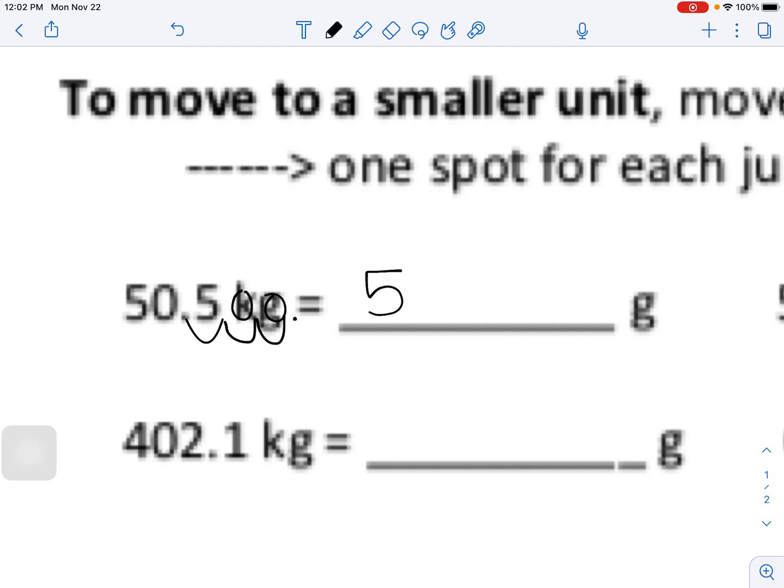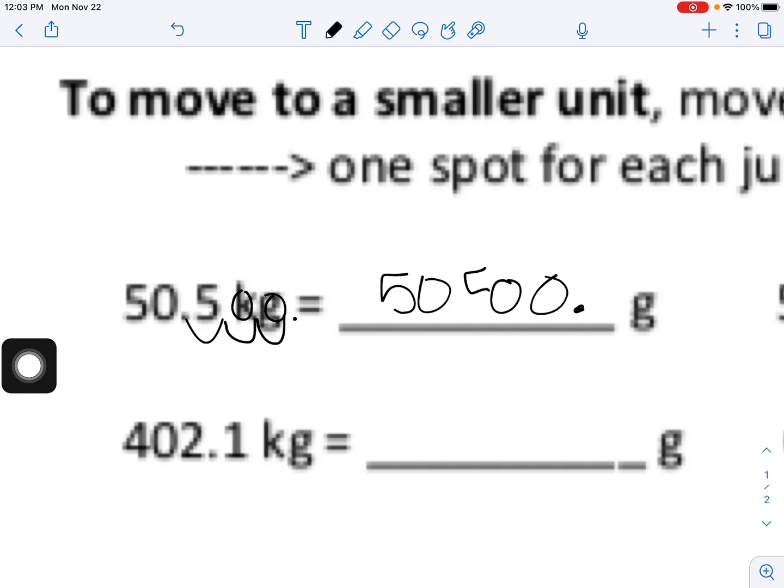So I do 50, 5 like this. I moved the decimal point 3 over. So instead of 50.5 or 50 and 5/10, I have now 50,500 grams. And at the end of a whole number, my decimal point's always there.